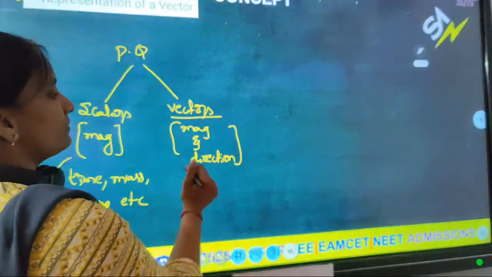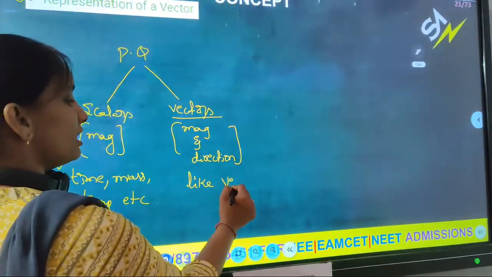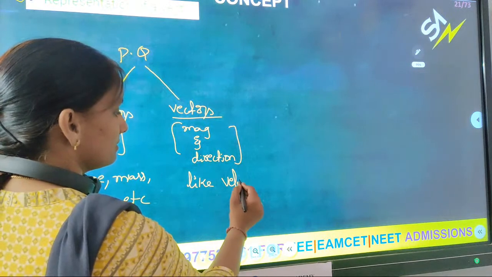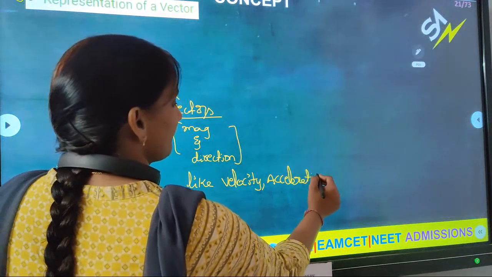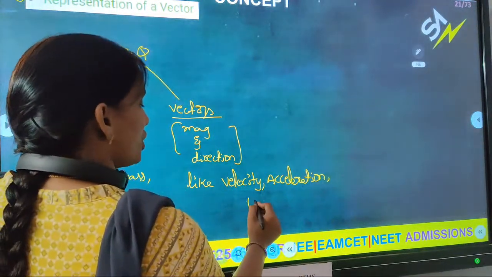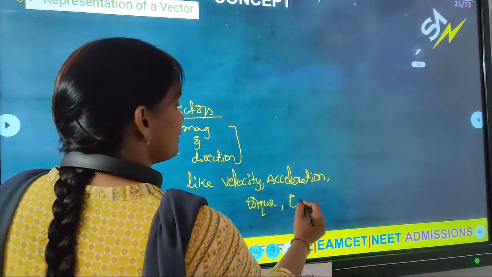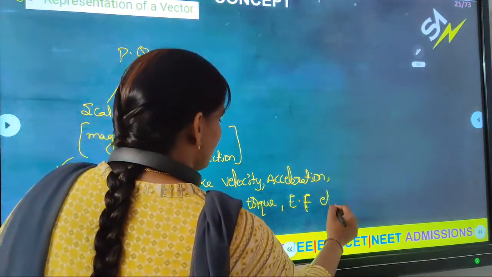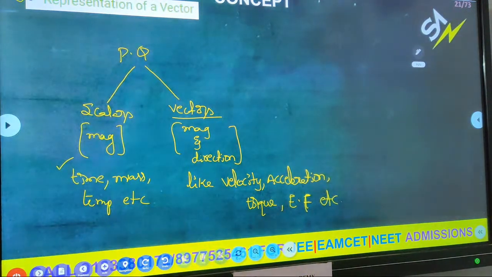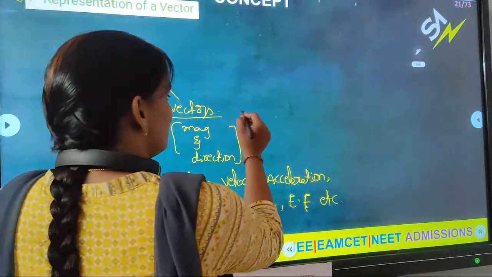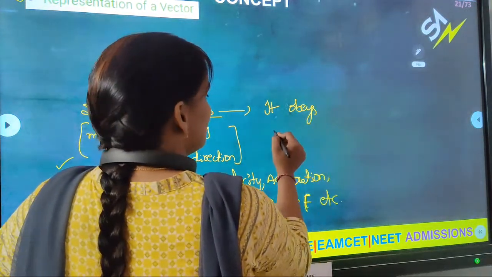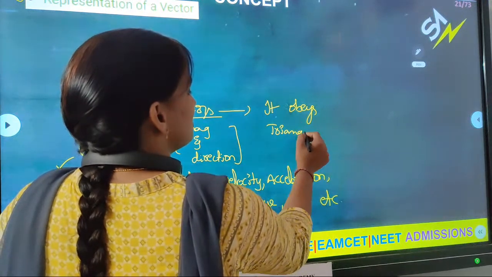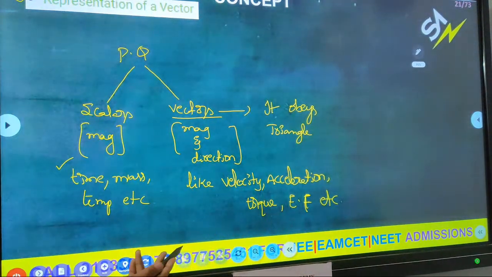But in the measurement of vector quantities like velocity, acceleration, torque, electric field, etc. To measure these quantities, which are vector quantities, we follow the vector algebra. By using vector algebra, it obeys the triangle law of addition. Means we cannot add these quantities simply.